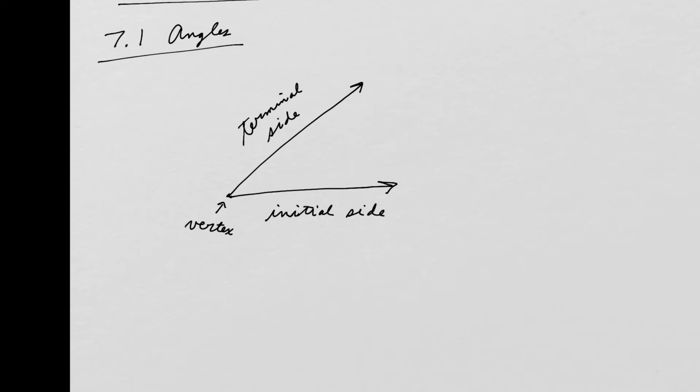And then the angle is always measured, at least if you're going to represent a positive angle, counterclockwise. So it's measured from the initial side to the terminal side counterclockwise, like in that direction. So let me write that here. A positive angle is measured counterclockwise.